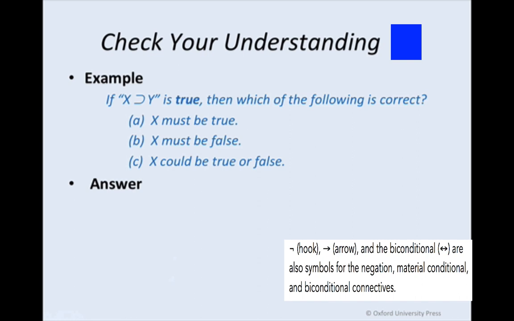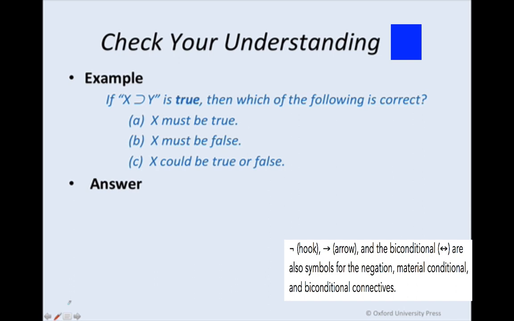But if the conditional as a whole is true, there are 3 ways this could occur. You could say that X is true and Y is true, X is false and Y is true, or both X and Y are false.